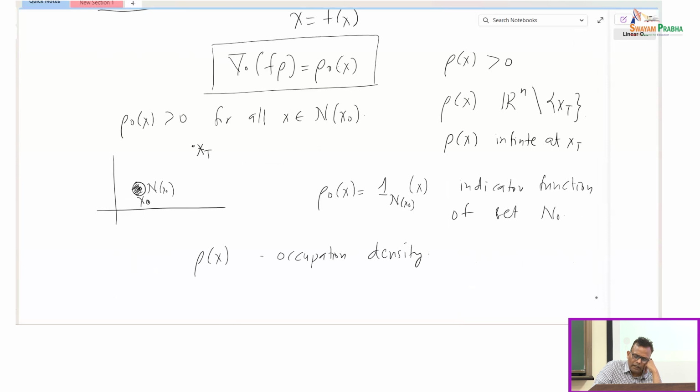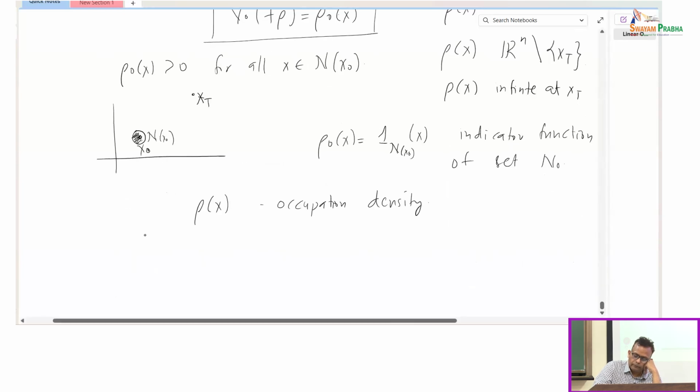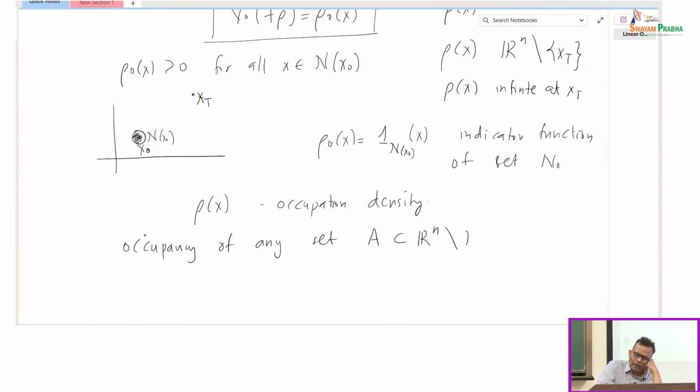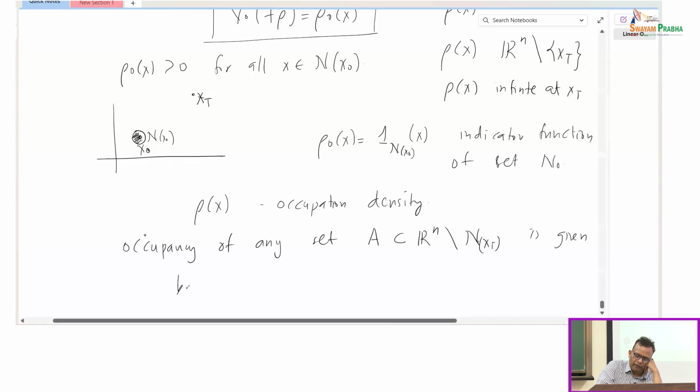Okay, that means the occupancy of any set A in R^n minus some small neighborhood of xt is given by mu of A equals the integral of rho of x over A dx.